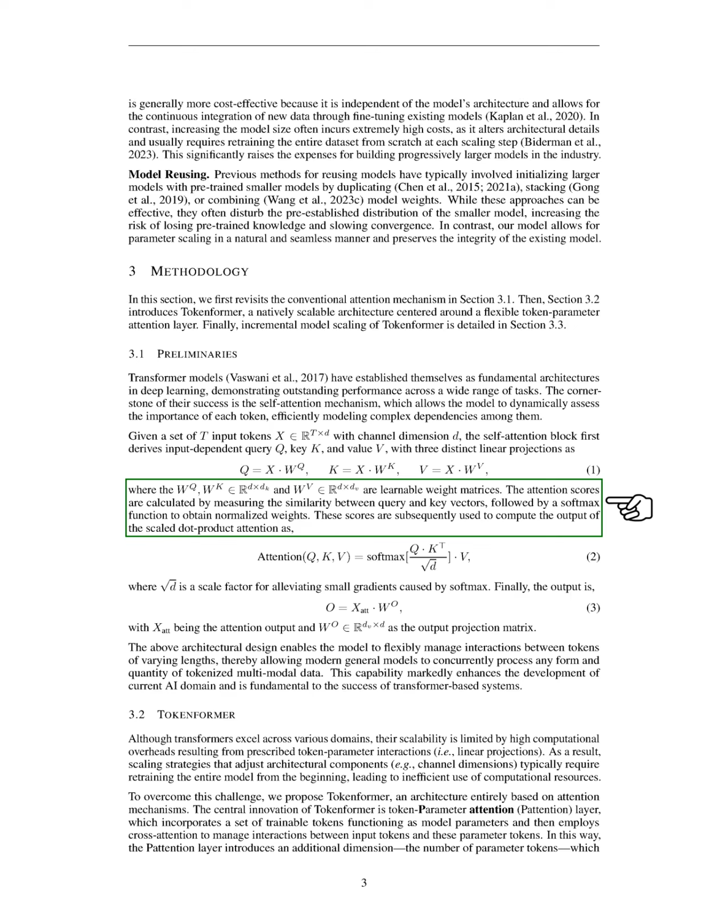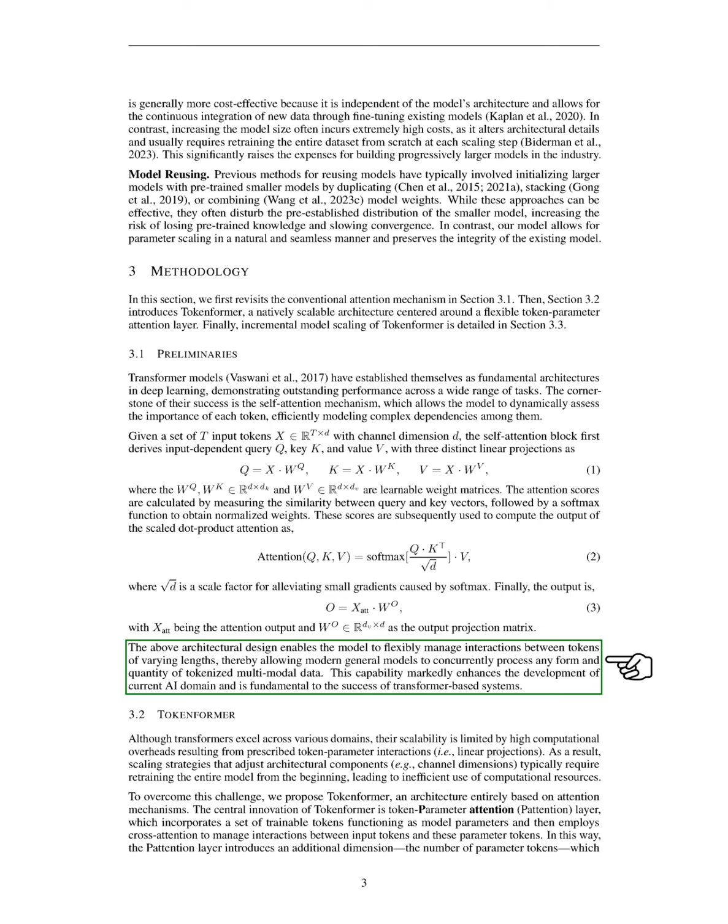These scores help us compute the output of the attention mechanism, using a scaling factor to address small gradient issues. The final output allows the model to handle interactions between tokens of different lengths, enhancing its ability to process diverse multimodal data, which is crucial for the advancement of AI and the effectiveness of transformer systems.